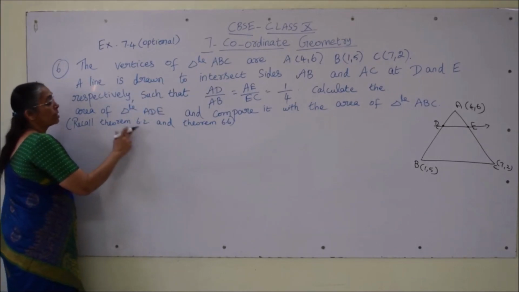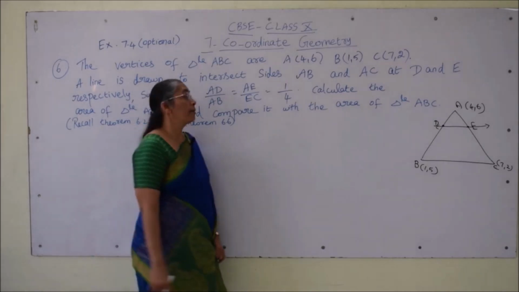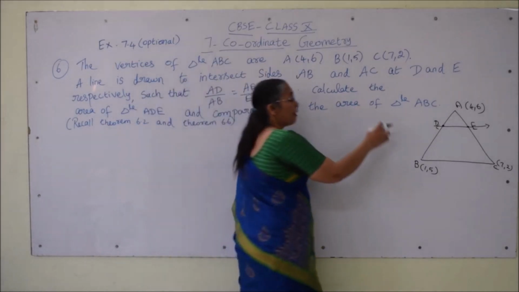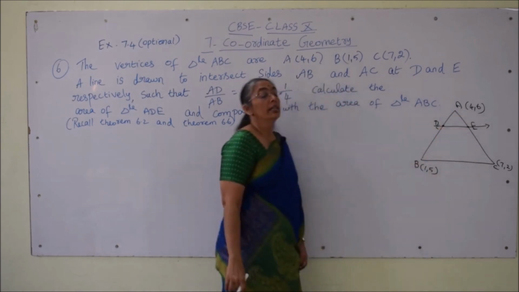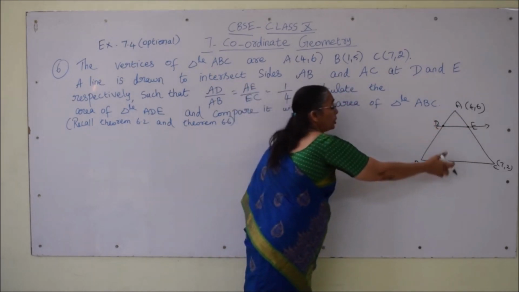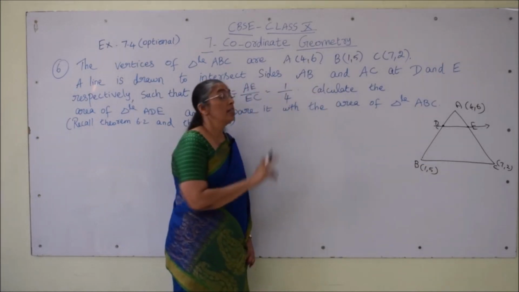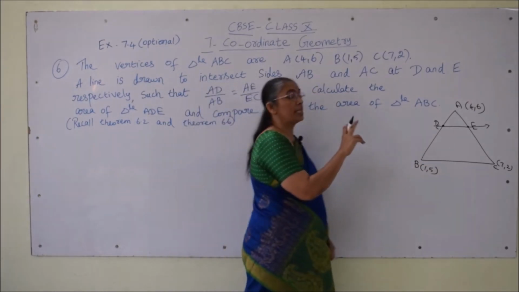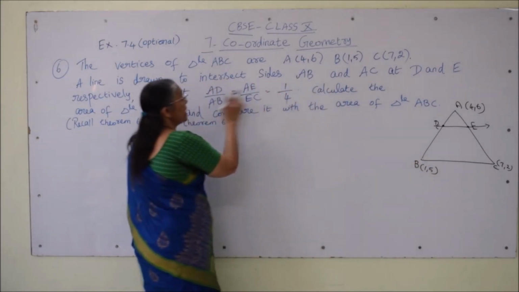Recall theorems 6.2 and 6.6. Theorem 6.2 is nothing but if a line divides the two sides of a triangle in the same ratio, then it is parallel to the third side. So, it is dividing in the same ratio.